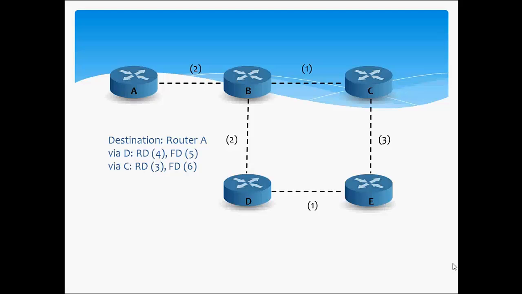DUAL therefore finds that the route via D has the lower total cost. Then the route via D will be marked as the successor, given passive status and registered in the routing table. The route via C is kept as a feasible successor.